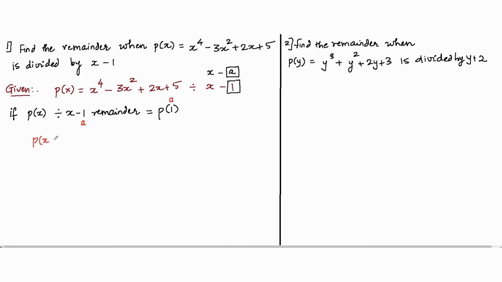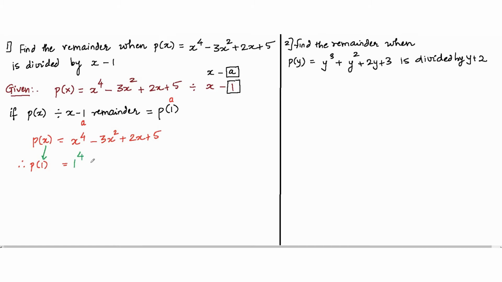See, p of x is equal to x raised to 4 minus 3x square plus 2x plus 5. Therefore, p of 1 would be, on the left hand side, x is replaced by 1, which means the same thing has to happen on the right hand side.